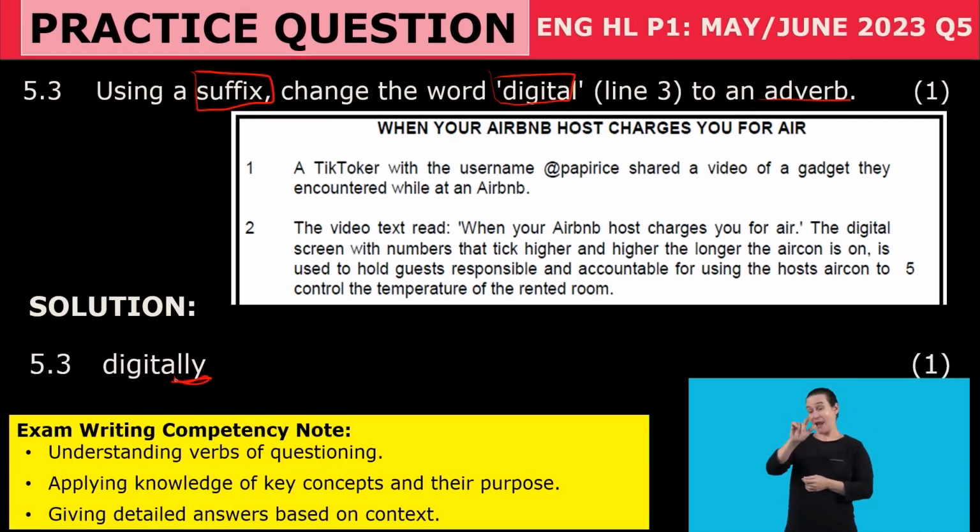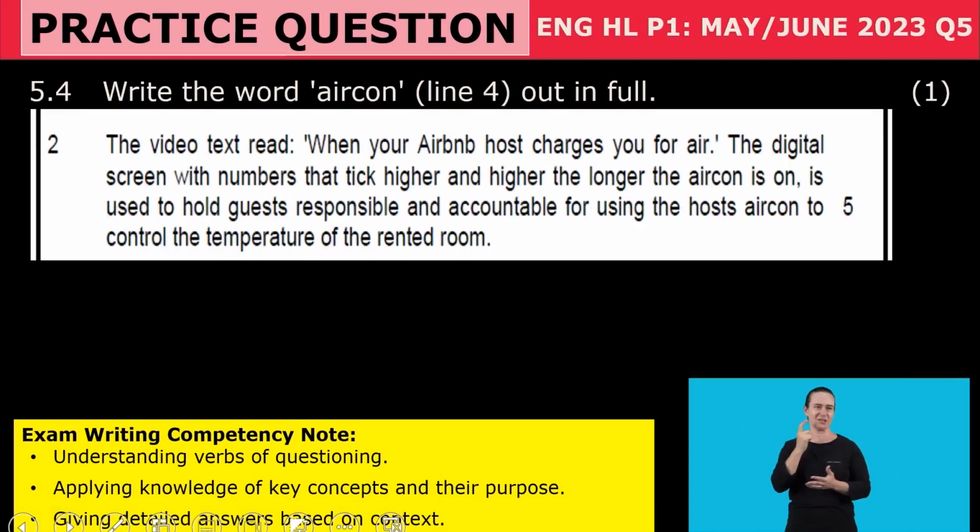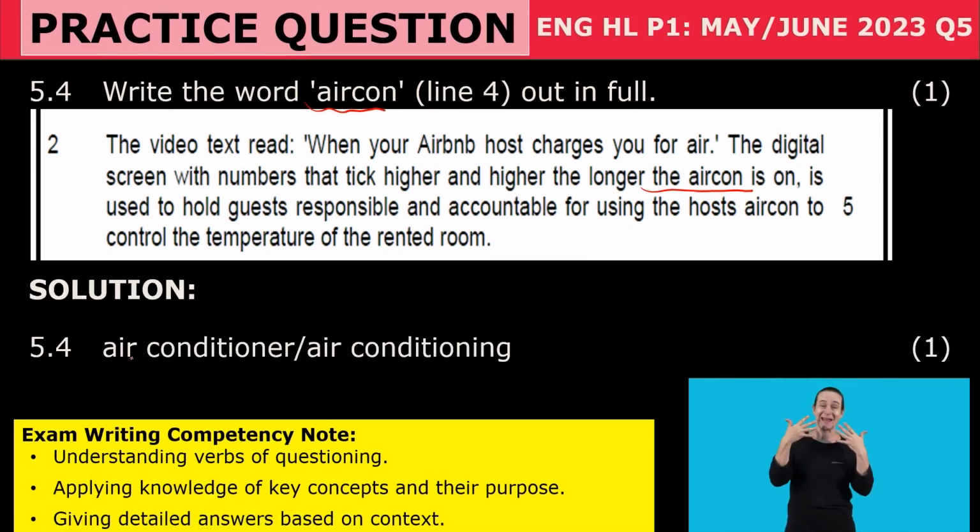So you're adding the suffix to make digital an adverb. Very simple. Then question 5.4. Write the word aircon in line 4 out in full. So of course aircon is used here, and aircon is short for air conditioner or air conditioning. Either one of these would be accepted for 1 mark.